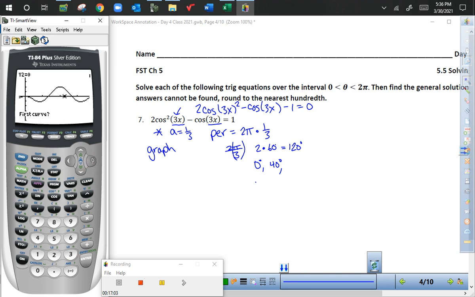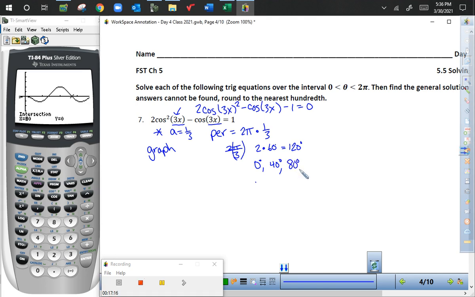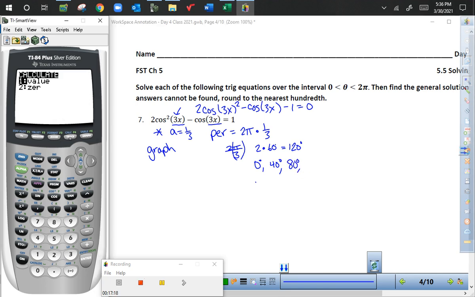Moving over on the line. 80 degrees. And there's one more there, way at the end. Now, I moved my window just a little bit by my arrowing over, so yours should be right at the edge.